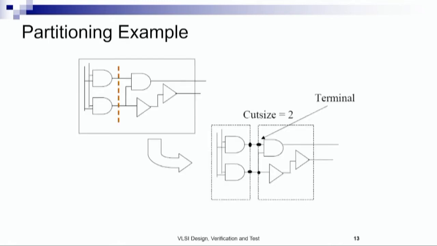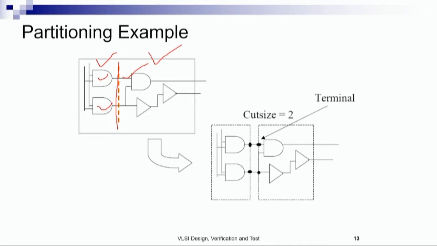This is a representation of a hypothetical circuit design. So here are the modules of the circuit, here are the interconnections or wires. And we said that we have cut the circuit into two partitions. So this is partition 1 and this is partition 2. Partition 1 consists of these two modules and partition 2 consists of these three modules. And there are wires that are crossing the partition, right?